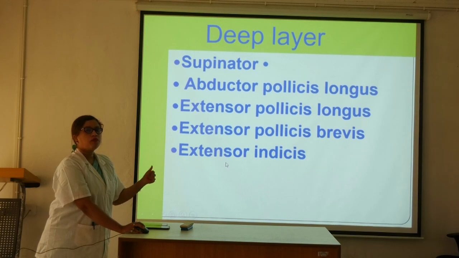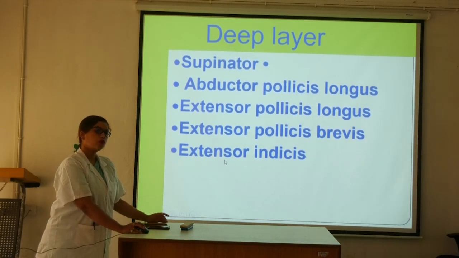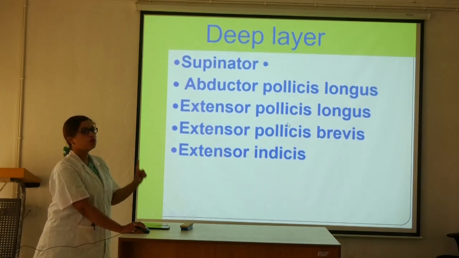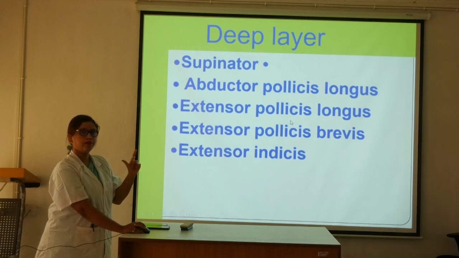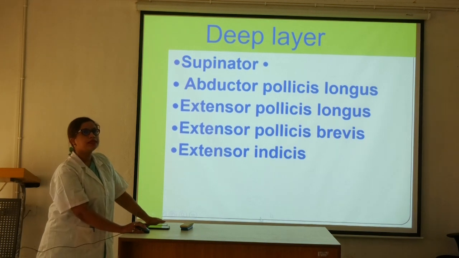So whatever muscles are going to the thumb, all are deep. Okay, all are deep. Three muscles are there, right? Additionally, one is extensor indicis. That means the deep group is only going to these two fingers, index and thumb. Remaining are superficial, meaning they are above the extensor retinaculum. These are below the extensor retinaculum.